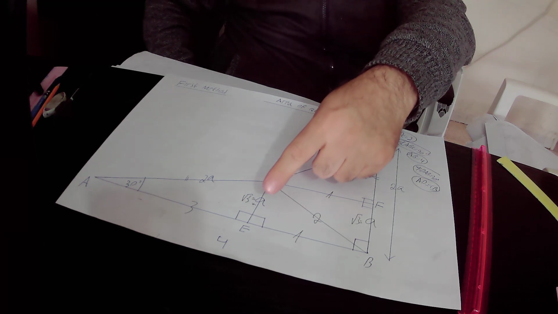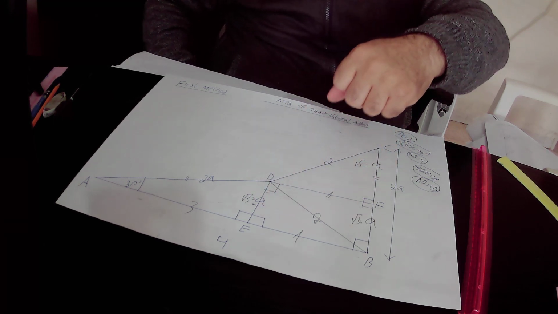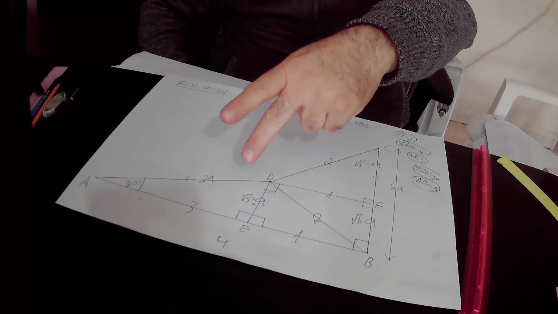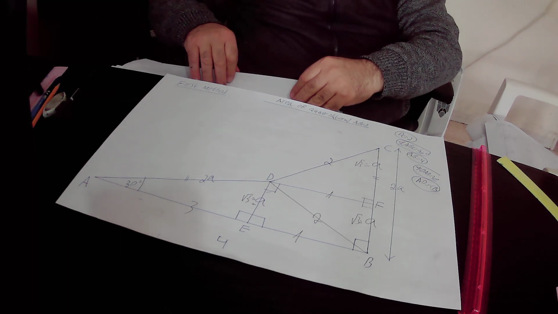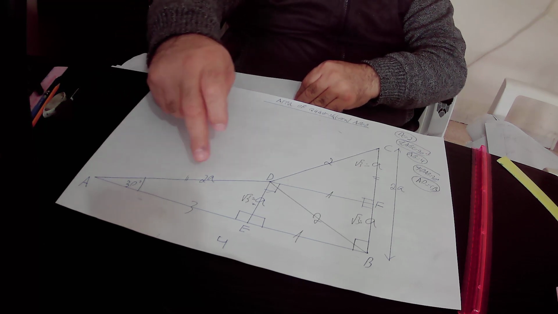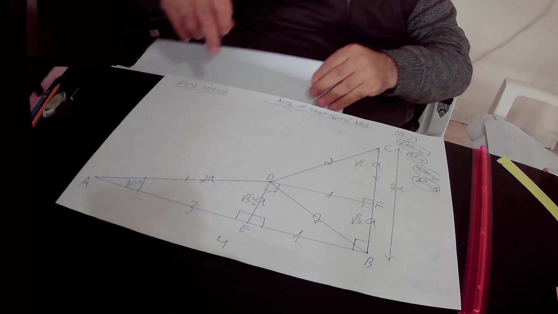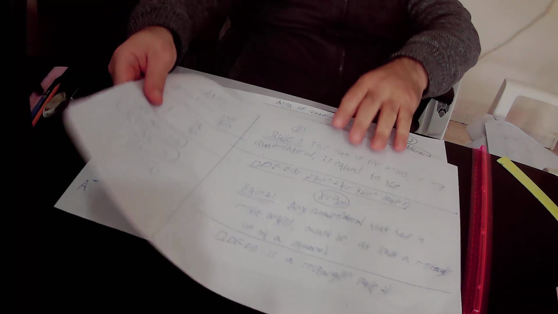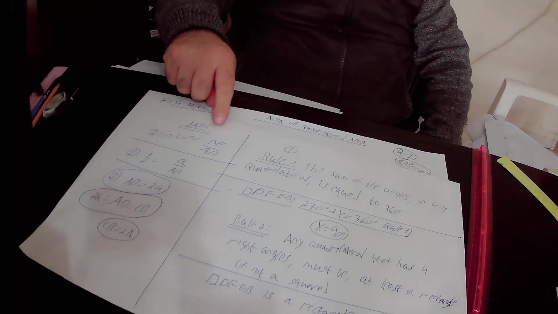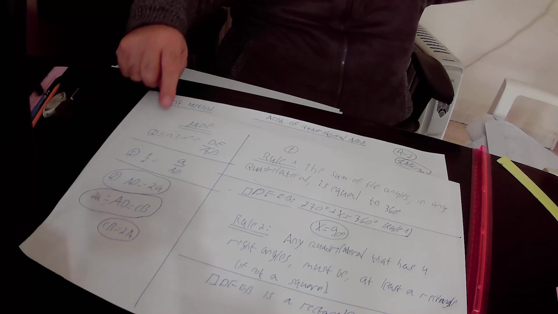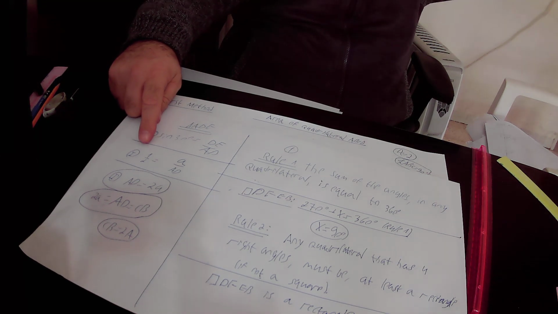We defined line segment DE as A, and we focused on the right triangle AED. In the right triangle ADE, we know that sine 30 degrees equals DE over AD. Sine 30 degrees is 1 over 2.